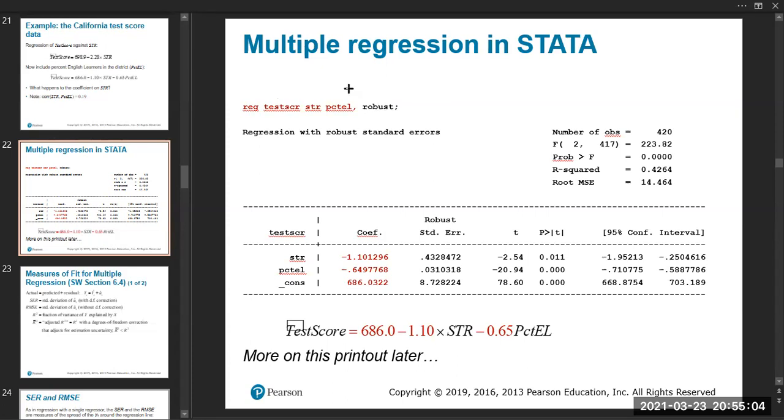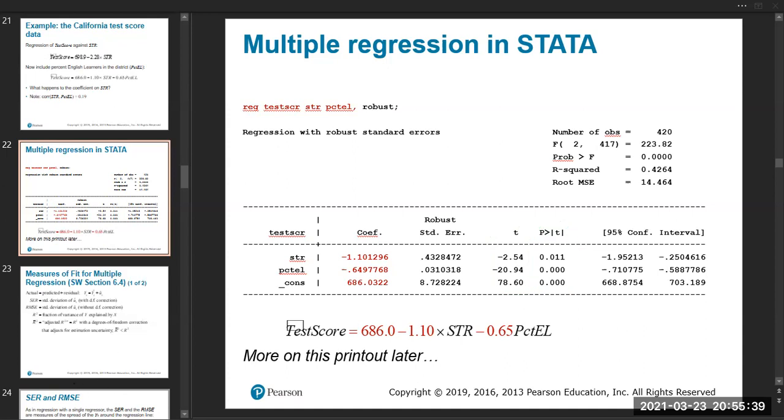See, the t statistics are all pretty large, and the p-values are pretty small. So we can reject the null hypothesis of beta 1, beta 2, and beta 0. The null hypothesis is that they are 0, and we can reject the null hypothesis that they are 0. More on this printout later.